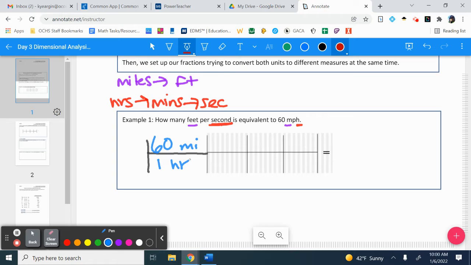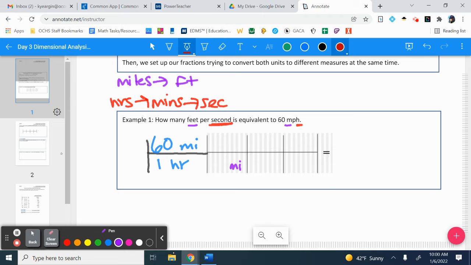At this point, it is a choice for you. Which unit do you want to get rid of first? Now remember, in order to get rid of it, we have to think about John Travolta and Staying Alive. If something's in the numerator, to get rid of it, it must go to the denominator. If something's in the denominator, to get rid of it, it must go to the numerator. So for this one, let's just start with getting rid of our miles. We see here that miles is in the numerator, so to get rid of it, miles must go to the denominator.